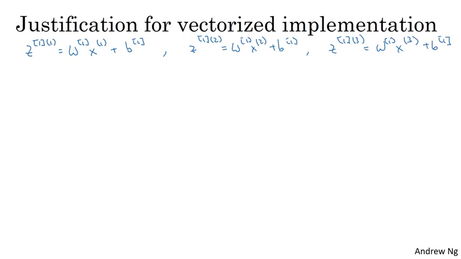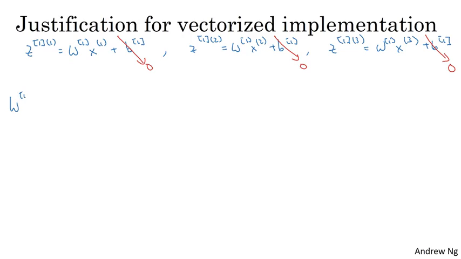So just to simplify the explanation on this slide, I'm going to ignore b. Let's just say that b is equal to 0. But the argument I'm going to lay out will work with just a little bit of a change, even when b is non-zero. This is just to simplify the description on this slide a bit.